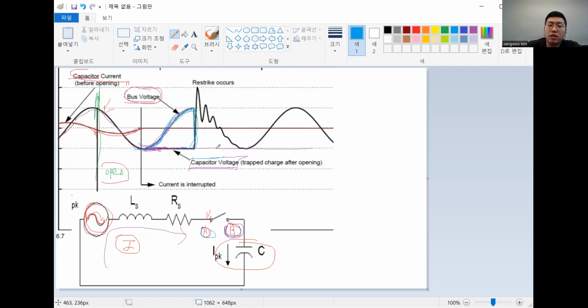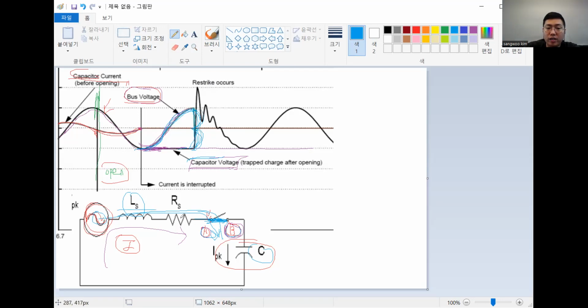As you can see here, the LC becomes one connected circuit because of the arc. And the source voltage at A point is bigger than at B point, so it follows this circuit.